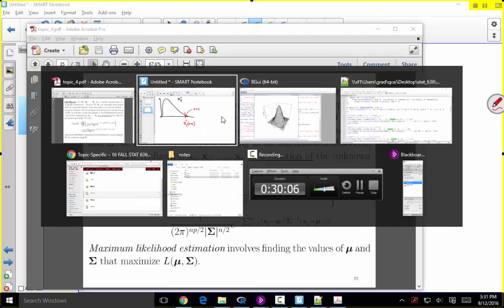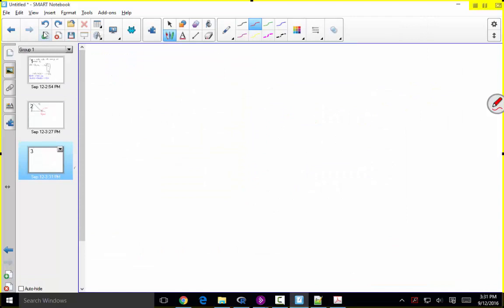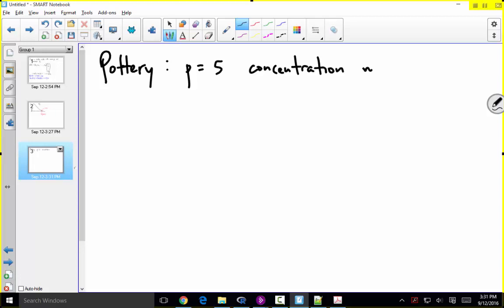Let me draw some things here while I'm talking. So thinking about pottery, suppose p is 5. 5 concentration measurements per pot.